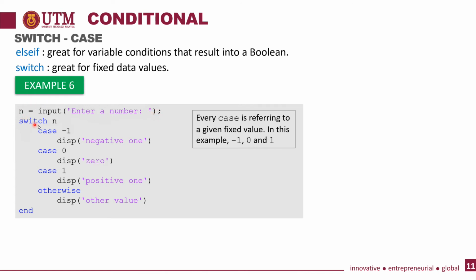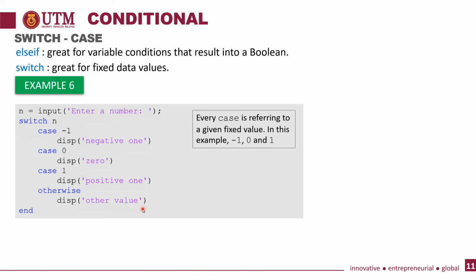Then you will start the switch case: switch n, which is the input that you will give. Case -1 means that if n is equal to -1, it will display -1. If n is equal to 0, it will display 0. If n is equal to 1, it will display +1. Otherwise it will display other value.